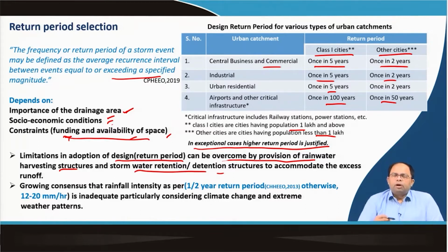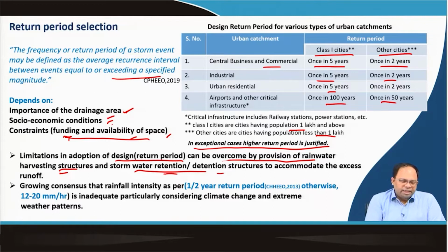So, that could be compensated by creating other kinds of infrastructure which would help in detention or retention of some amount of this runoff, or by creating rainwater harvesting structures. So, this is one way to compensate for lower return periods.